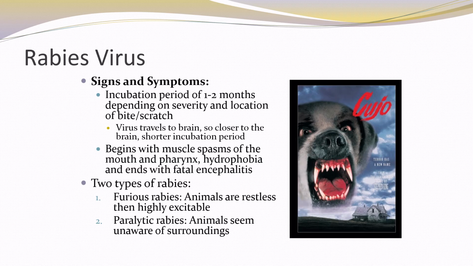However, the cause of death with rabies is one of those two things: either dehydration due to hydrophobia or encephalitis, that brain swelling. So let's talk about the first one because we know what encephalitis is. We understand that the brain swelling inside of the skull can cause death because that's brain damage. But hydrophobia, we've never talked about that before.